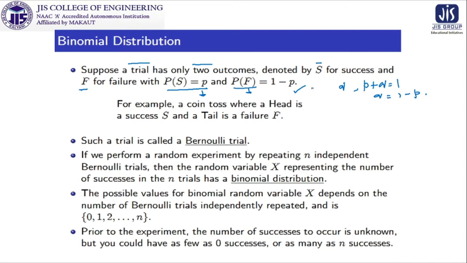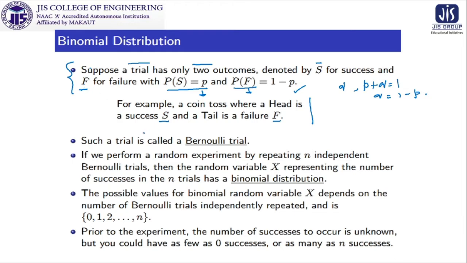Now, for example, if we toss a coin where head is denoted as success and tail is denoted as failure, this experiment comes under this type, where the trial has only two outcomes, either head or tail.